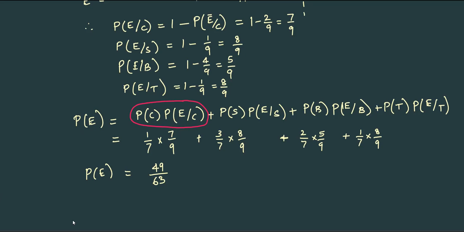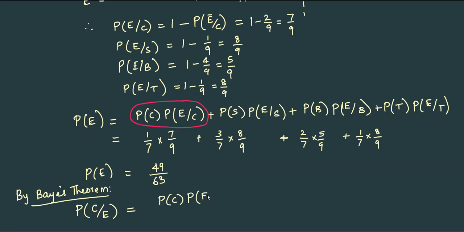So probability of his using a car, given that he has reached on time, is probability of selecting a car into probability of his reaching on time by car, divided by the total probability of his reaching on time.